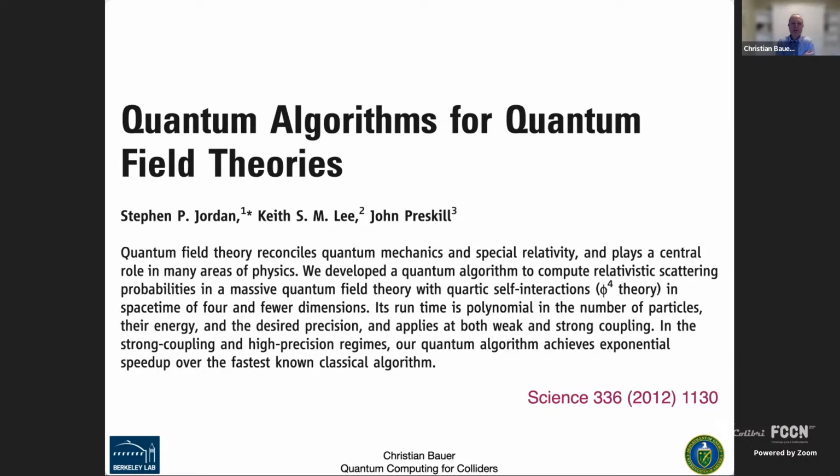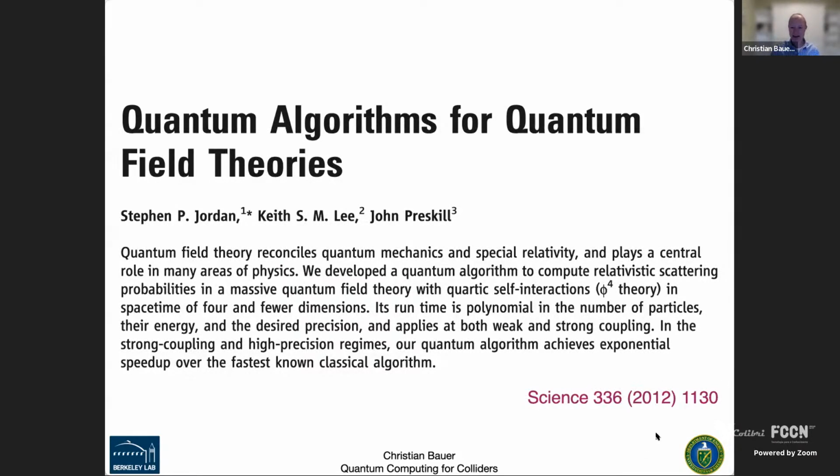And so one of the seminal papers about quantum computers for high energy physics, or also for nuclear physics, essentially for field theories, was this incredibly influential paper written by Stephen Jordan, Keith Lee, and John Preskill. It's remarkable that it was published in the same year that the Higgs was discovered. It's more than 10 years ago.